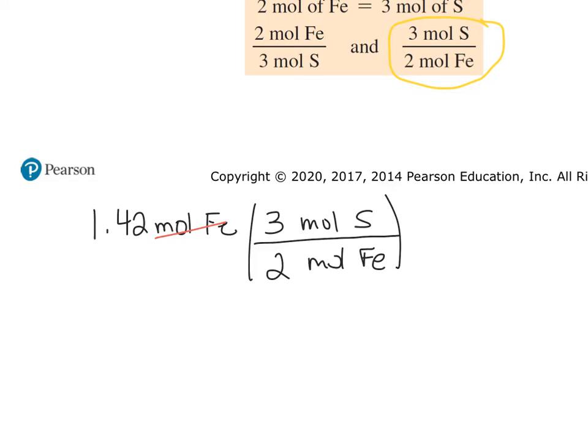So then moles of iron cancel, and I'm going to take 1.42 times 3 and then divide by 2. You have to do both, multiply and divide in this case. When I do that, I come up with 2.13 moles of sulfur.